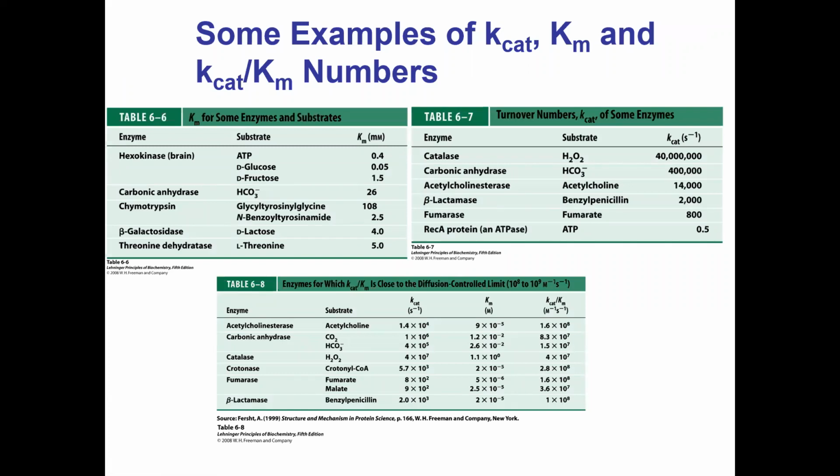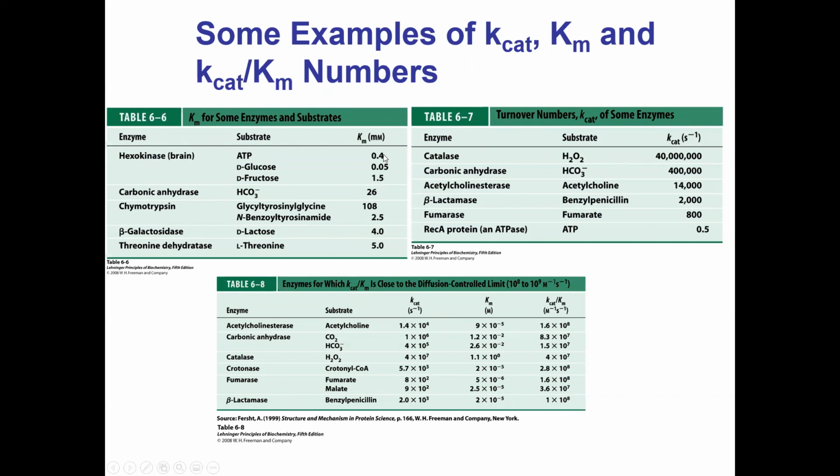It turns out that there are some examples I'm showing you here of Km and Kcat values, okay? Hexokinase is a kinase that we'll talk about in glycolysis. It has two substrates, ATP and D-glucose. So they are telling you the Km value for that.